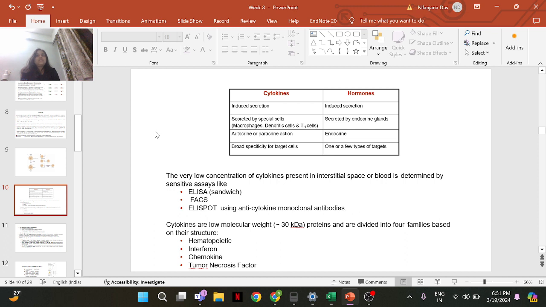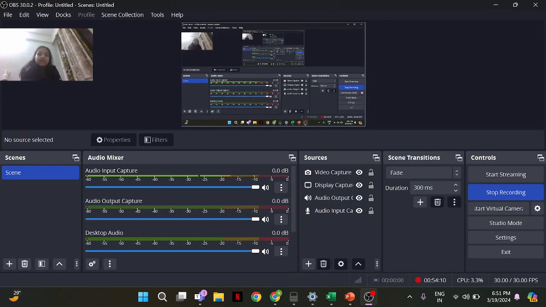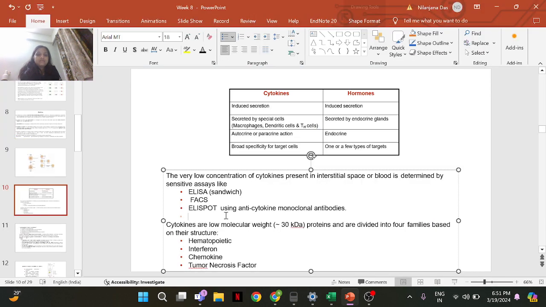So, enzyme linked immunoassay, and there are other techniques like FACS, which is fluorescence activated cell sorting, and there is the ELISpot assay, which uses anti-cytokine monoclonal antibodies. So, by using different antibodies which are specific to a particular cytokine, we can identify even a very small amount of cytokine in a particular sample.